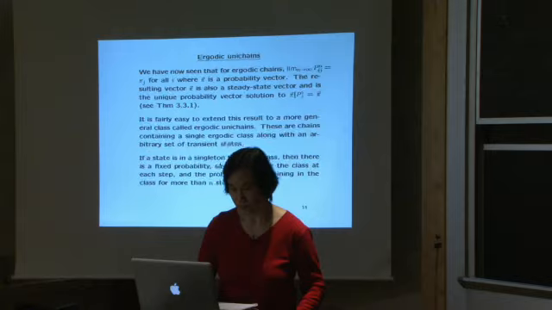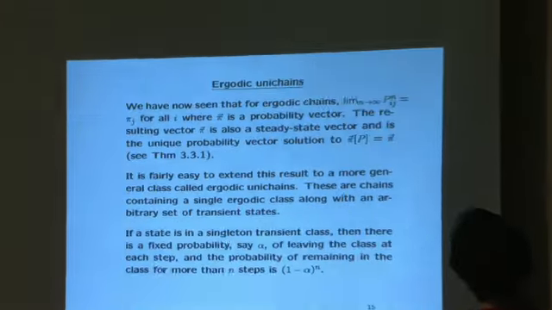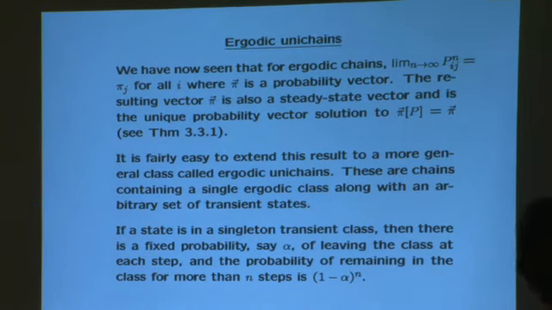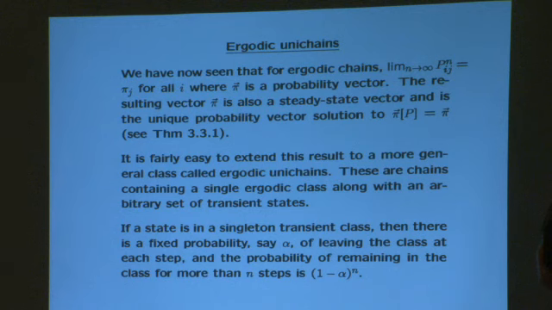So now for the ergodic unit chain, we see that the limit as n approaches infinity of P sub i j of n is just going to end up in the steady state probability pi sub j for all i. So it doesn't matter what your initial state is. As n goes to infinity, as this Markov chain goes on, you will end up in state j with probability pi sub j, where pi is this probability vector.